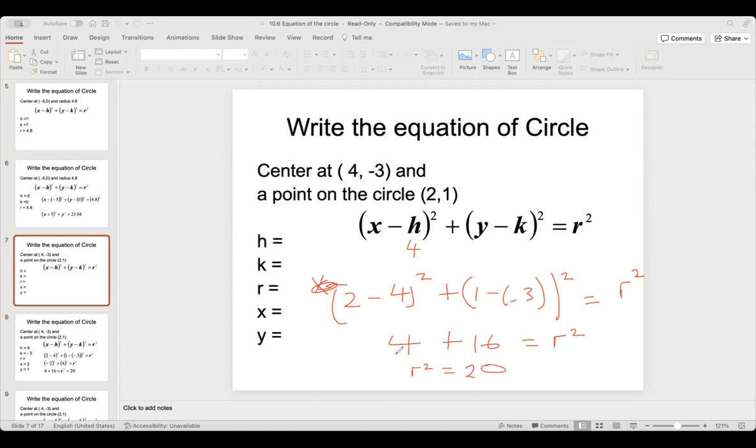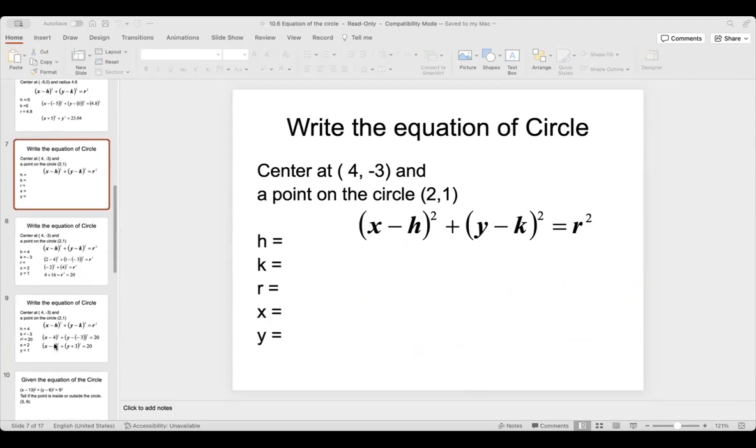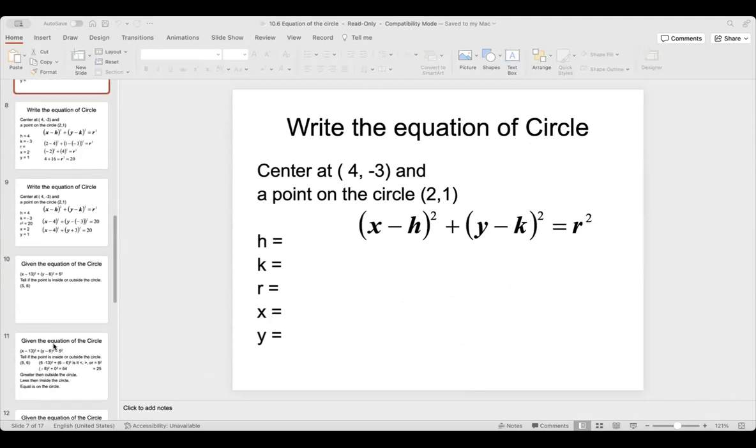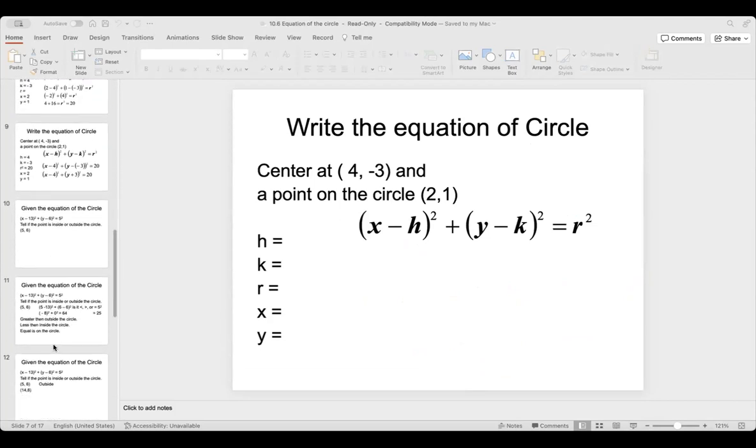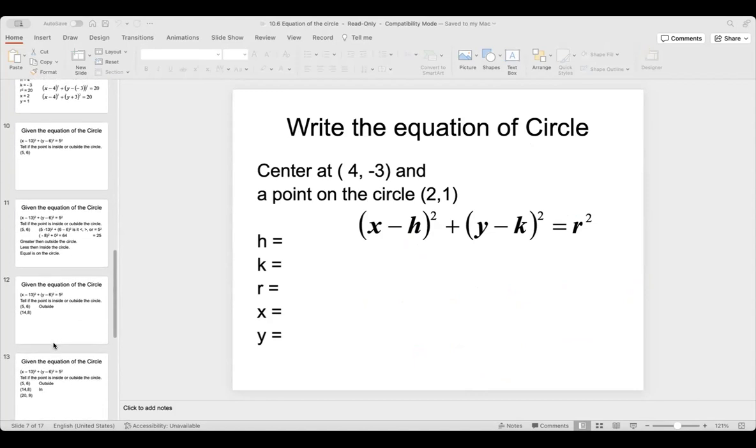So from there you know that the equation of a circle is going to be, with the r squared mentioned before, r squared equals 20. Just add that into it, then put the coordinates of x and h there. So that's how to work out the equation of the circle.